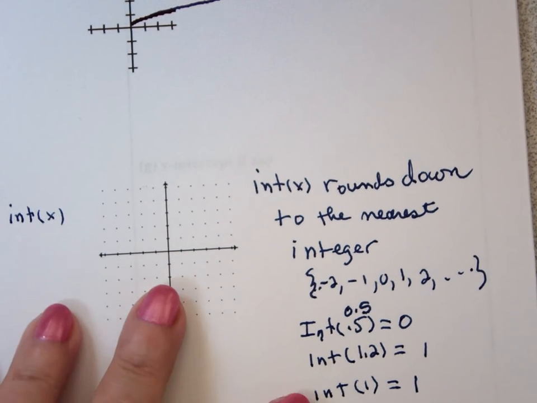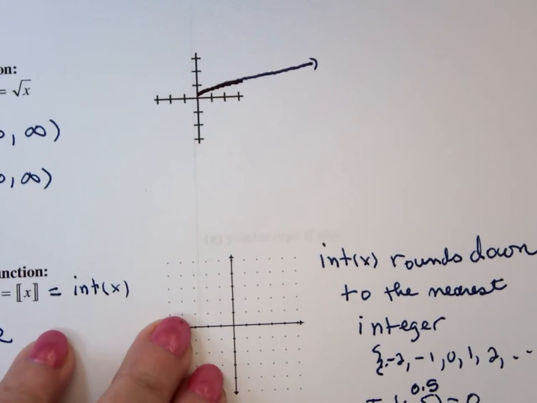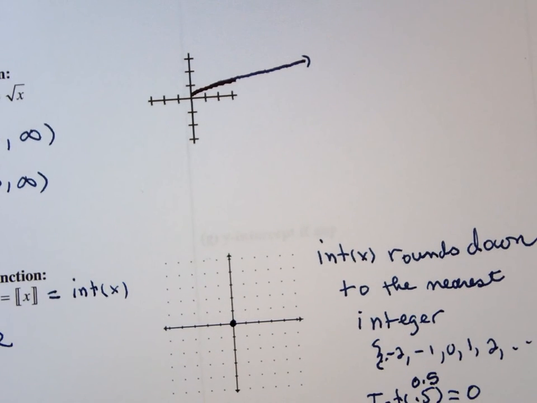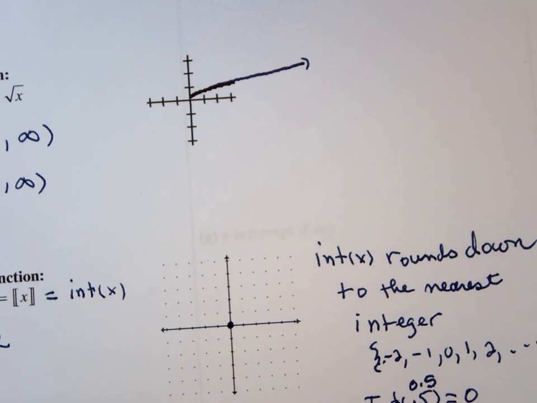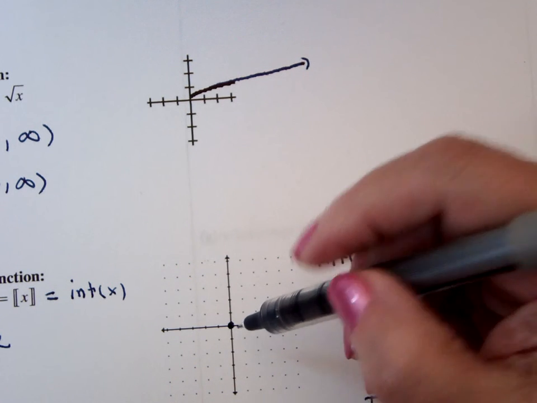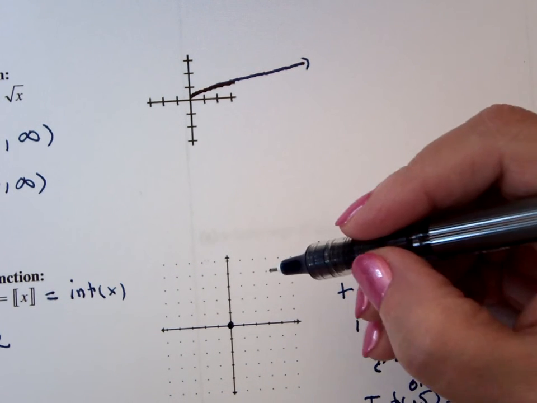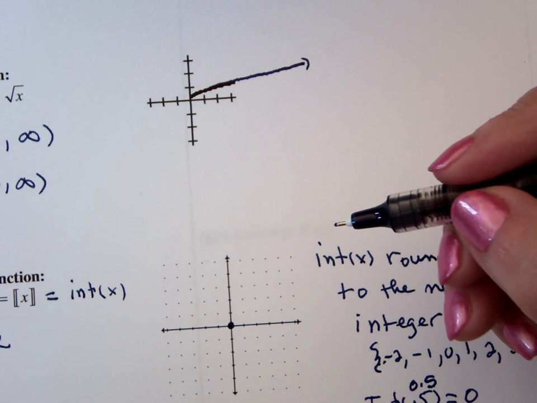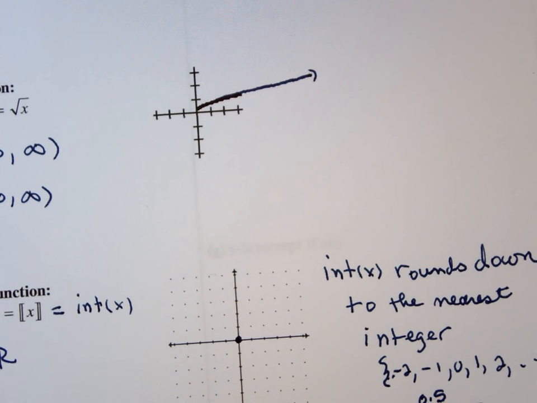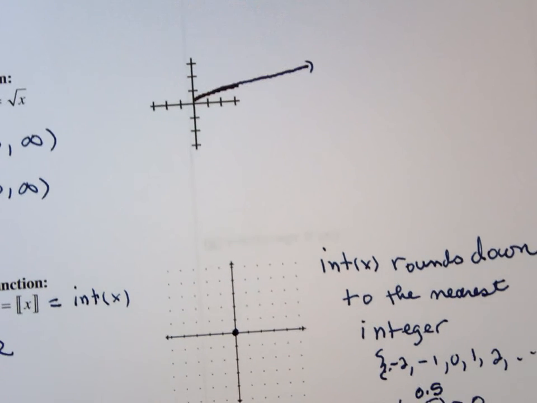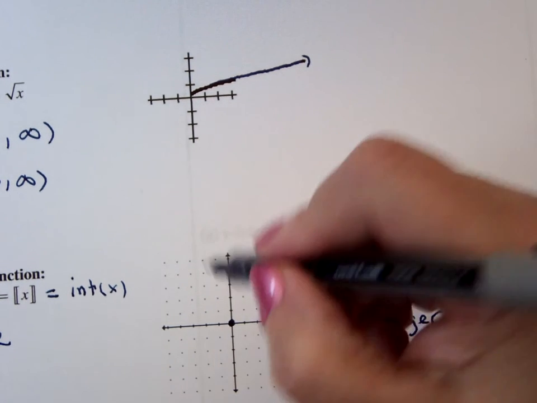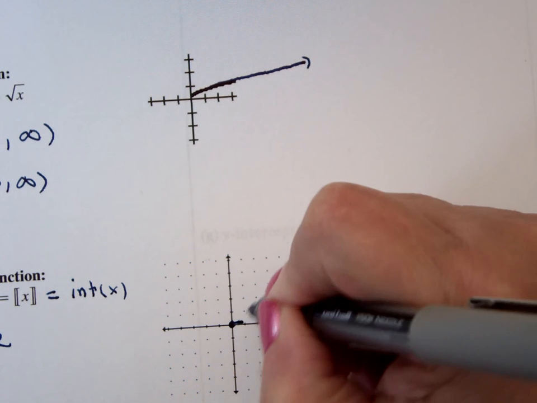So if I think about what this guy is going to look like on the positive side, int of 0 would be 0, because I'm just cutting off the decimal. Any place between 0 and 1, int of 0.5 is 0. Int of 0.9 is 0. Because remember, it's truncating the decimal. It rounds down to the nearest integer. And so it stays 0 until you get to 1.